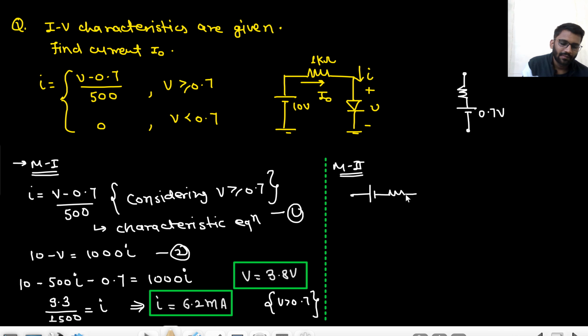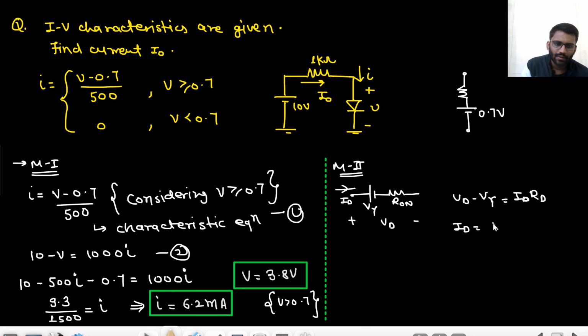This is R on, and this is your V gamma, and this is VD, and this current is ID. So VD minus V gamma is equal to ID RD. So here you can see that ID is equal to VD minus V gamma upon RD.